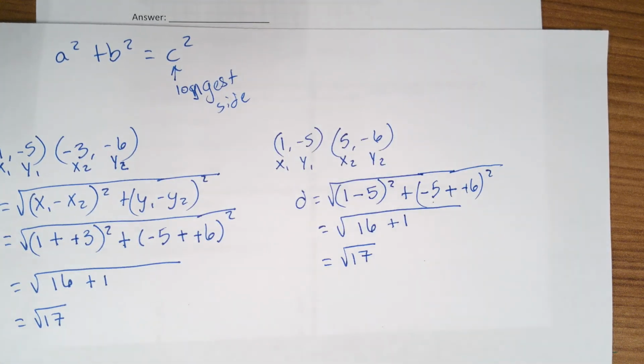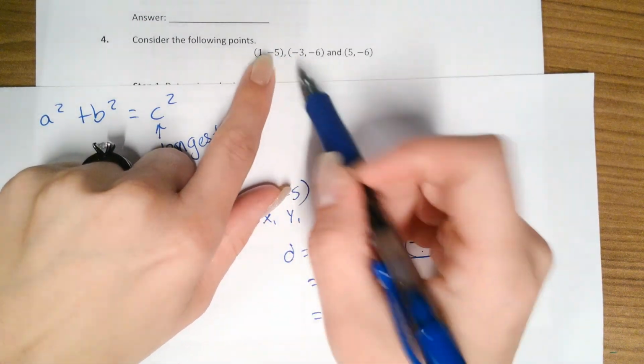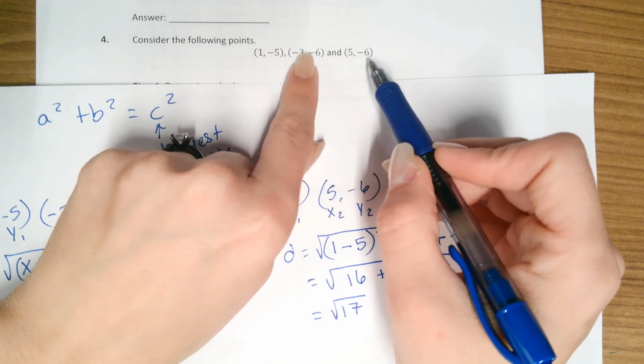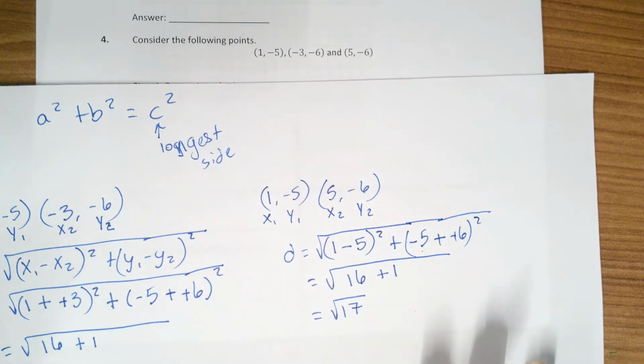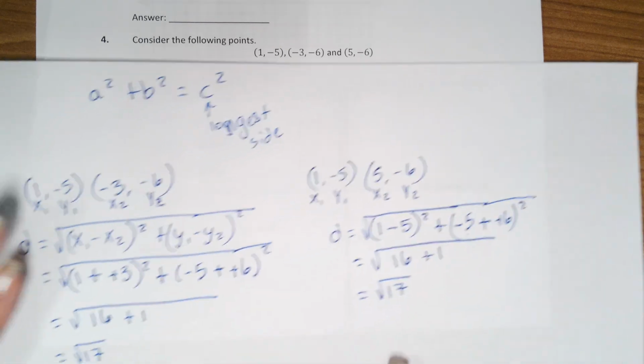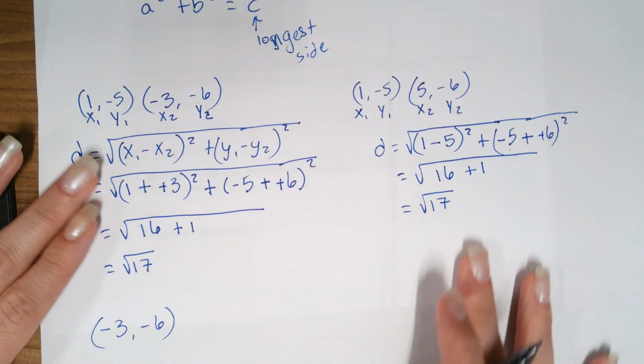So we know that these two side lengths are the same. So let's look at the third side length. We did the first two, the first and the last, so that leaves the middle and the last coordinate. So we need to find the distance of these. We have -3, -6, and 5, -6.